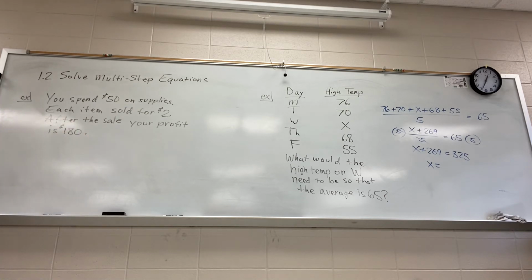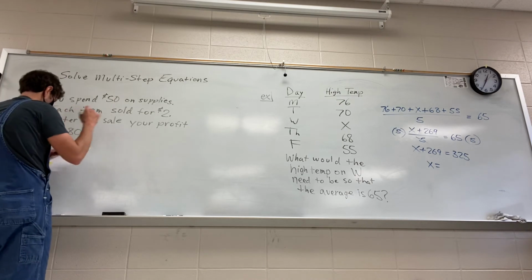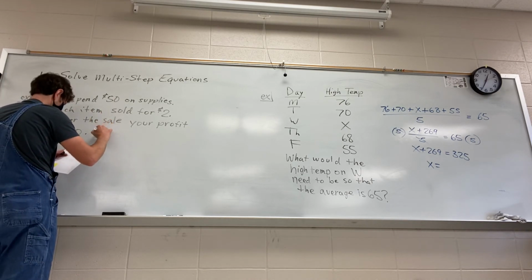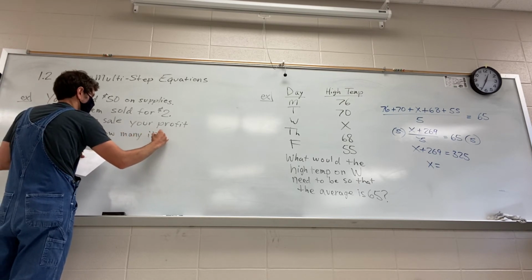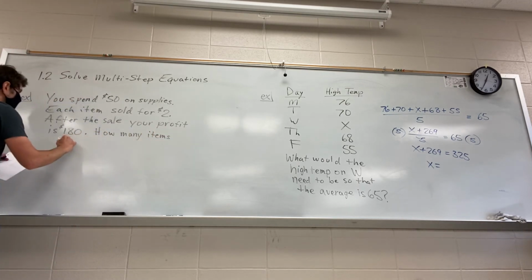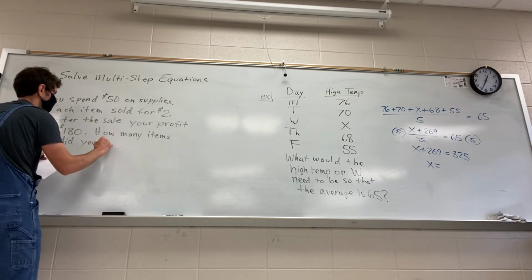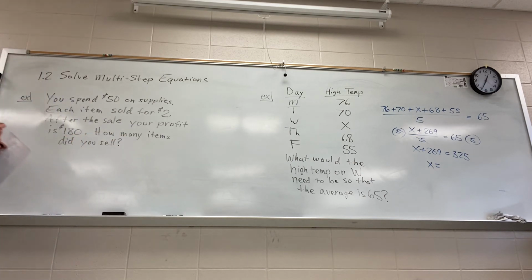And here's the question: how many items did you sell? You spend $50 on supplies. Each item is sold for $2. After the sale, your profit is $180. How many items did you sell?